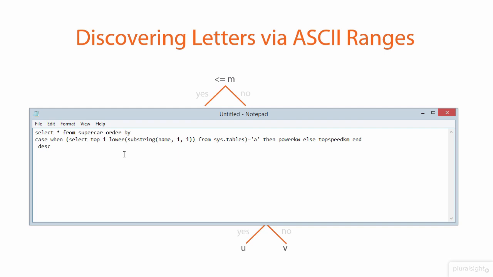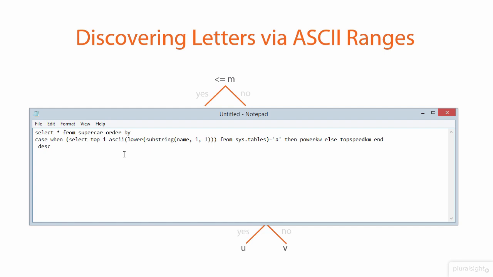So that's the first thing. Now we're going lowercase. The next thing is to get the ASCII value. So I'll wrap another function around this, and it is just ASCII. And then we'll close that guy off as well. So that's all we need to get the ASCII value. Then of course what we're going to be doing is looking for ranges.